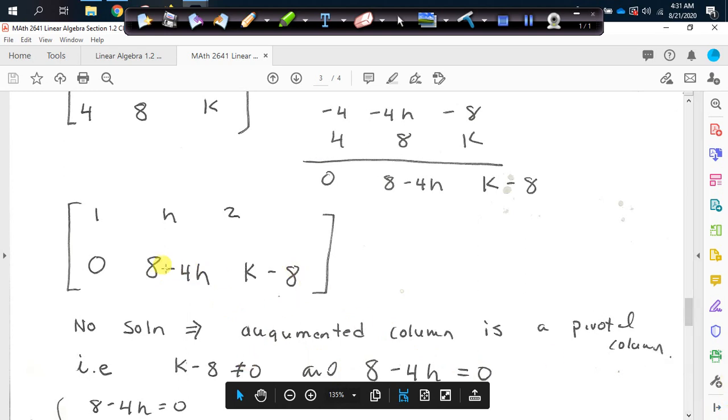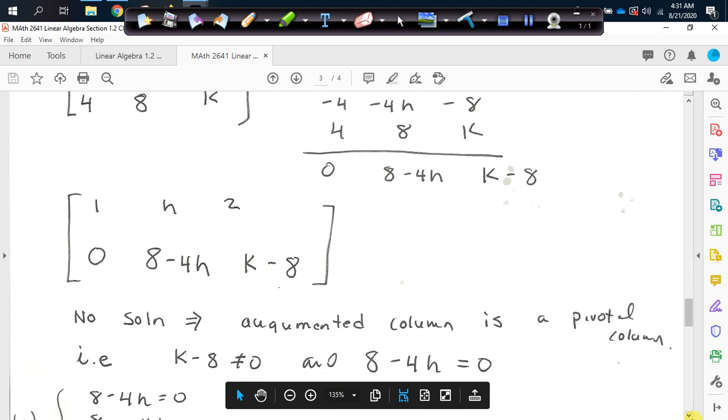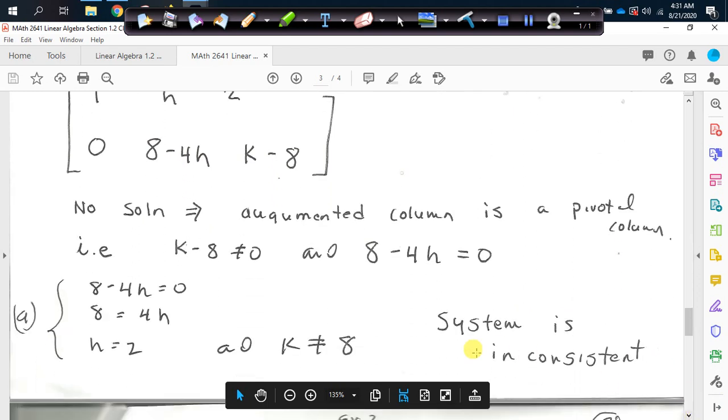Because that'll give me 0 equals some non-zero number, which can't be true, and it'll be inconsistent. So I want 8 minus 4h to equal 0. If you solve that, you're going to get h equals 2. And you want this not to be 0, so k is not 8. If h is 2 and k is not 8, the system will be inconsistent because you'll get a 0 here and a non-zero here.